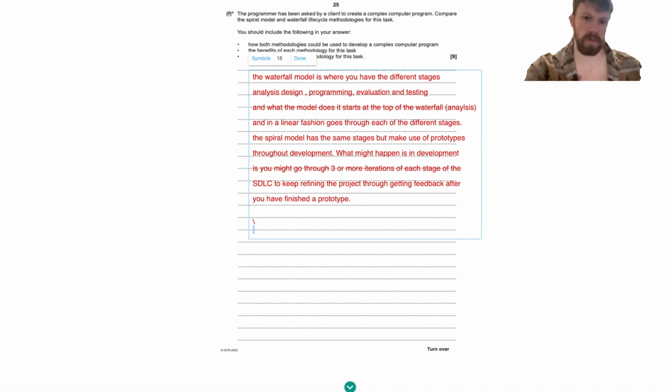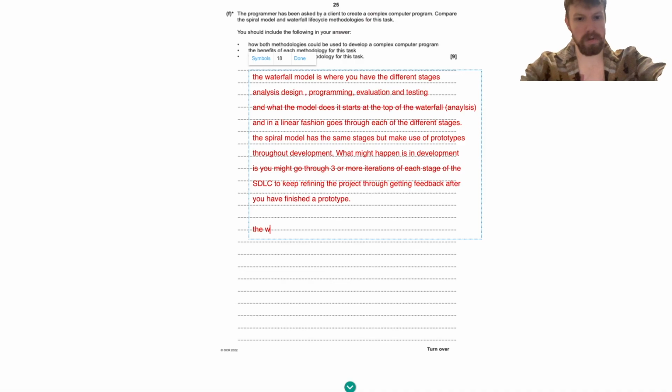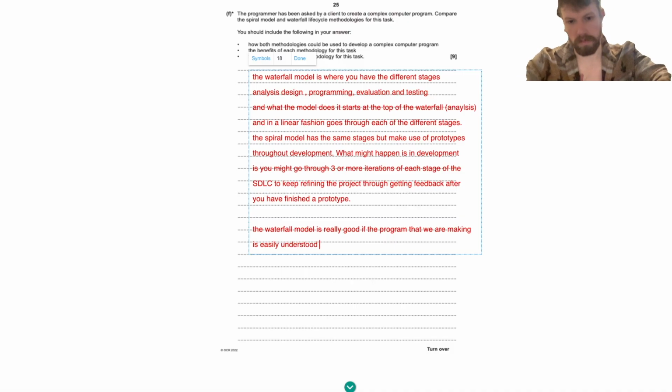Okay, so I've just outlined what each of them are. Now, in a complex model, we need to start applying this and evaluating it and saying why something's going to be good, why something's going to be bad. So one of the big benefits of a waterfall model is that it's really good if the program that we are making is easily understood and has been completed lots of times.